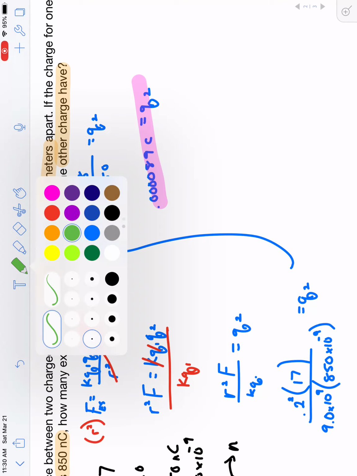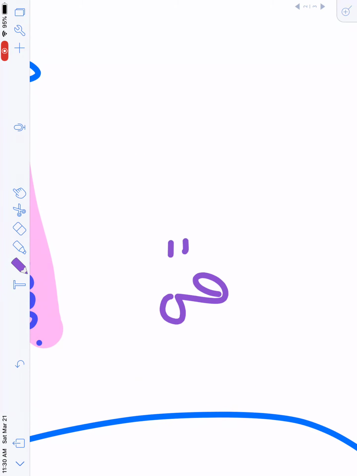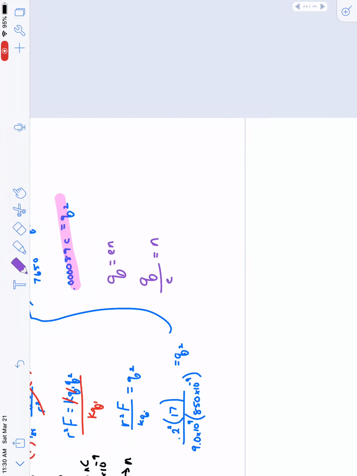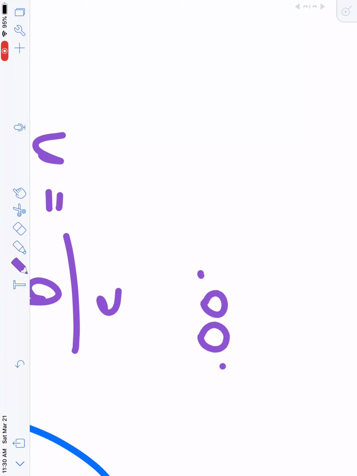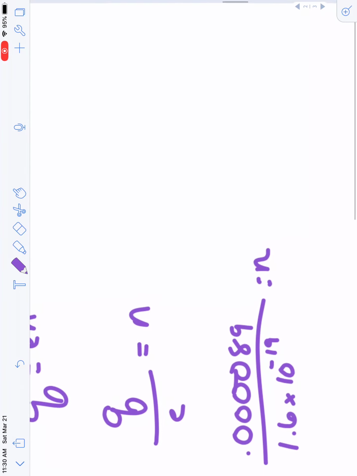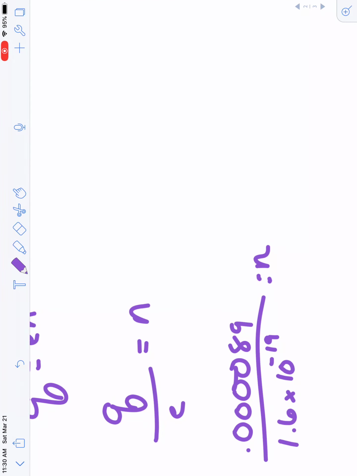Q equals En, so Q divided by E equals N. Q being 0.12348 N, divided by its elementary charge of 1.6 times 10 to the negative 19th, equals N. Ah, perfect. We have a whole number.